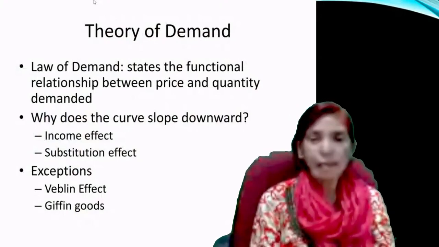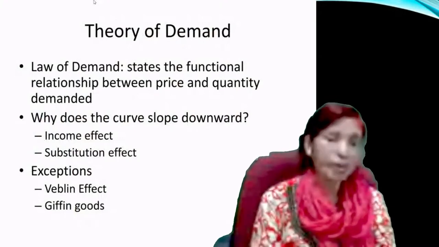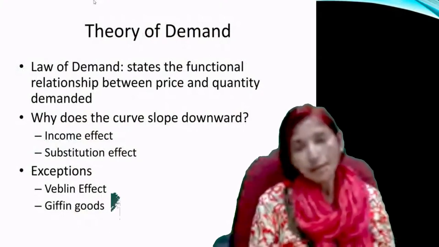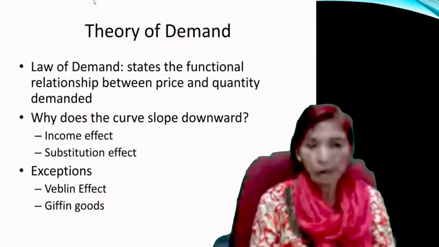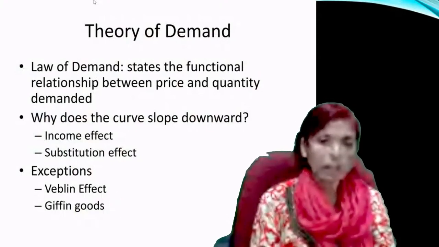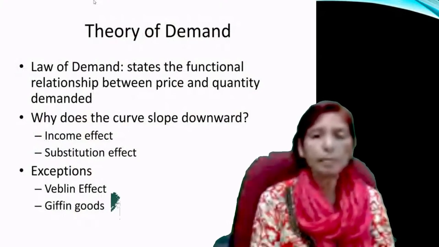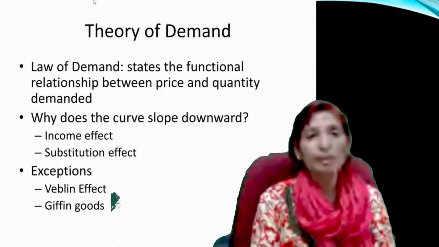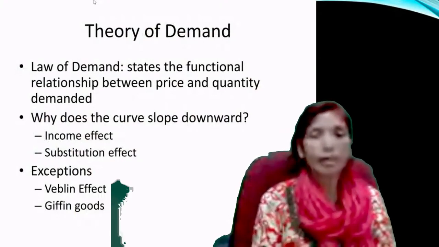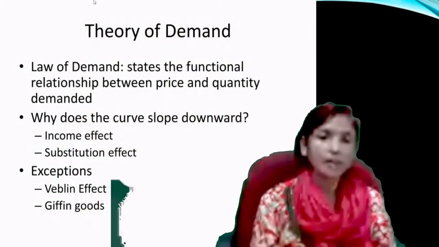At a higher price, demand remains low, and at a lower price, demand remains higher, because a consumer's main desire is to gain maximum satisfaction through minimum spending. That's why this theory of demand states the functional relationship between price and quantity demanded.